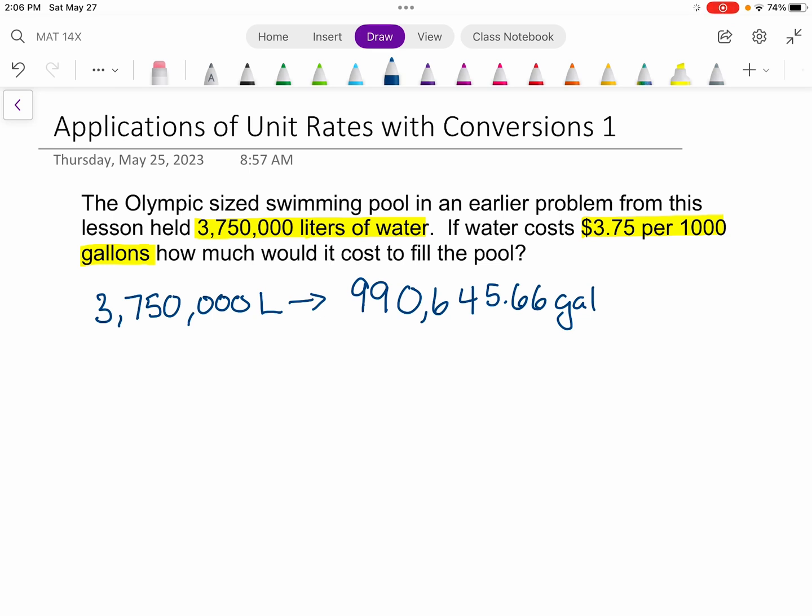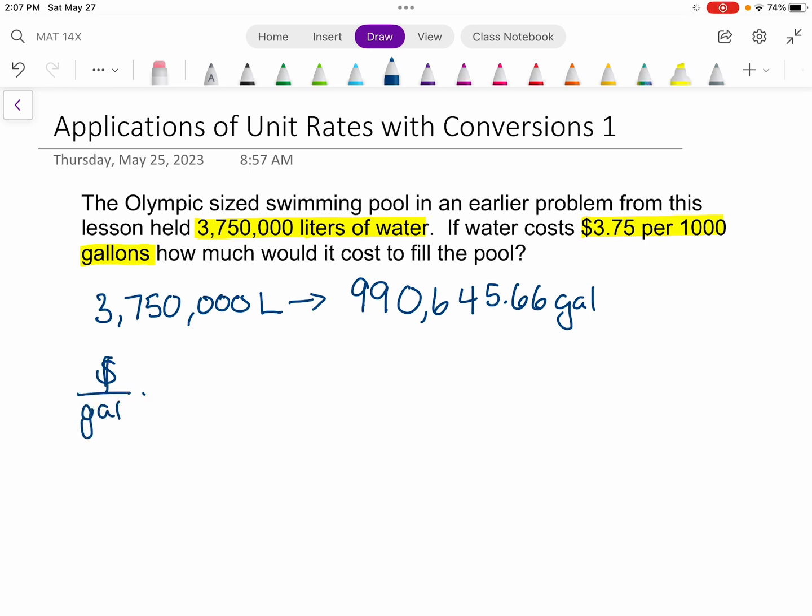Now, keep in mind here, we have this per 1,000 gallons. I want to turn my water cost into a unit rate. So that's the second conversion I have going on here. To do that, I would set up my dollars over the number of gallons.